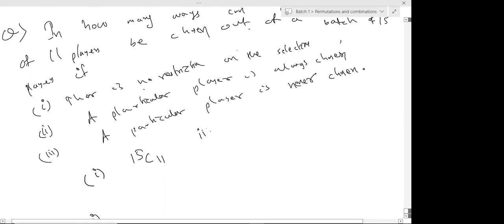In the second part, a particular player is always chosen, right? So out of 11, we have already selected one member. The remaining 10 we have to select from. Not 15, in fact 14C10. Yes, sir. Right? 14 players are left.